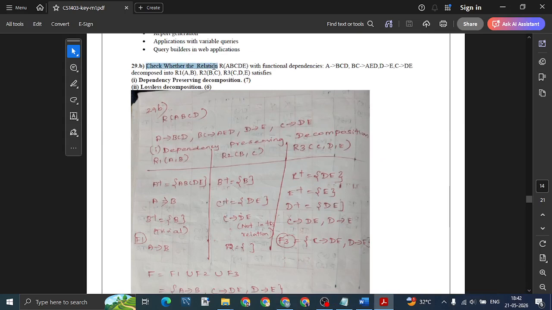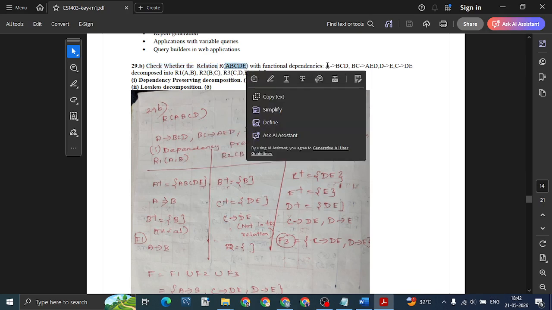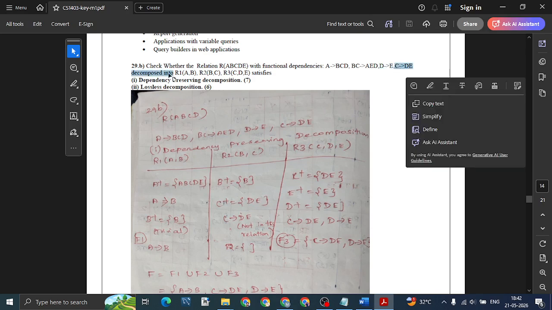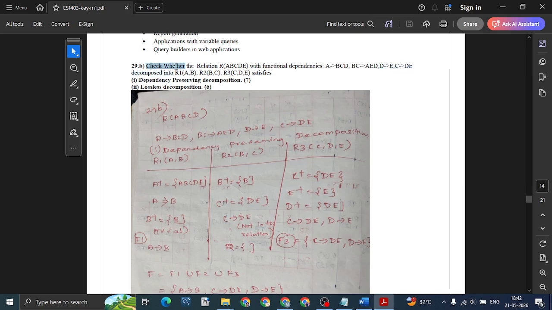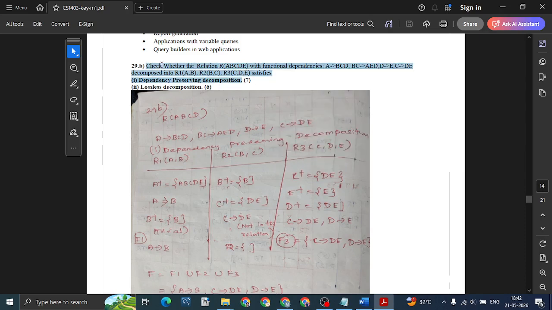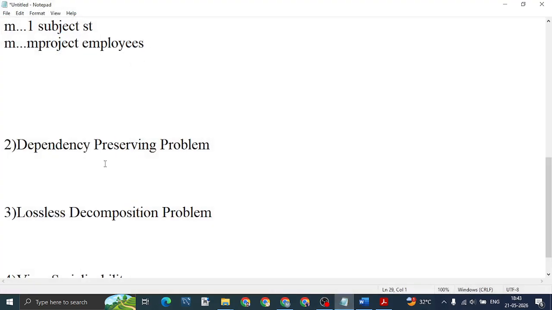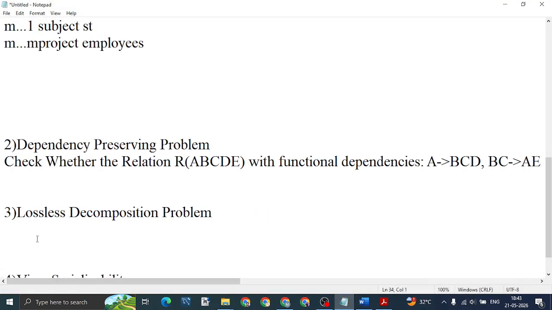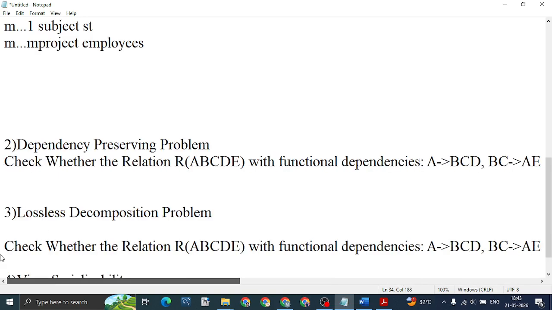Check whether the relation R(A, B, C, D, E) with the functional dependencies A implies B, C, D; B, C implies A, E, D; D implies E; and C implies D, E, decomposed into R1(A, B), R2(B, C) and R3(C, D, E), satisfies the dependency preserving and the lossless decomposition. This is the typical question.